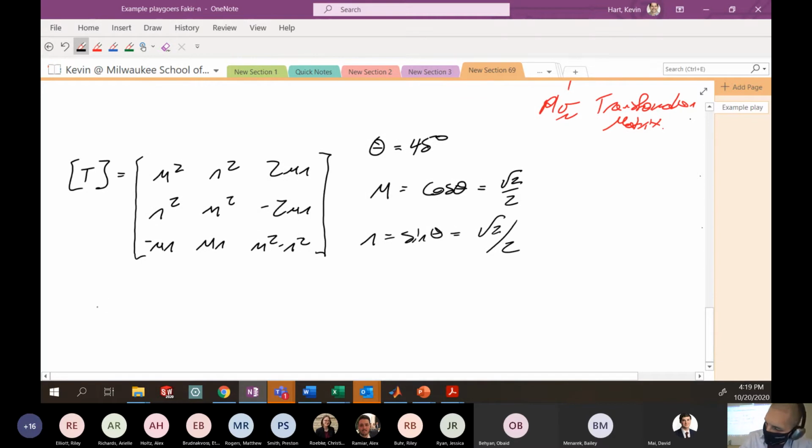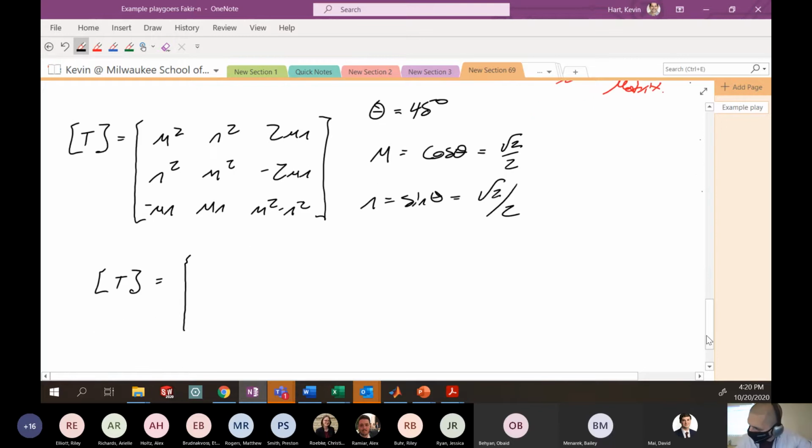So if I input all of the values into the T matrix, I get a transformation matrix that looks something like 0.5, 0.5, 1, 0.5, 0.5, negative 1, negative 0.5, 0.5, 0.